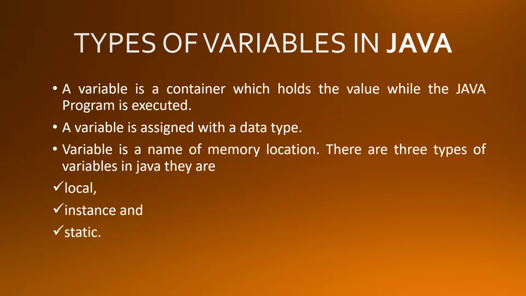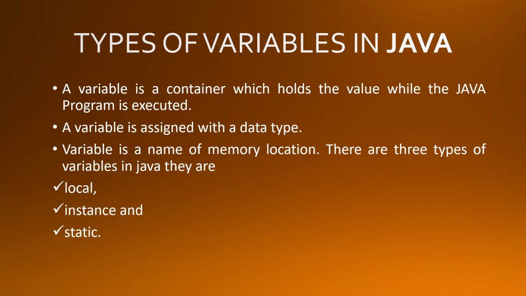The variable is assigned with a particular primitive data type. For example, if I want to initialize a variable, I can initialize it with the integer data type. Likewise, we can initialize all our variables with the help of data types only.